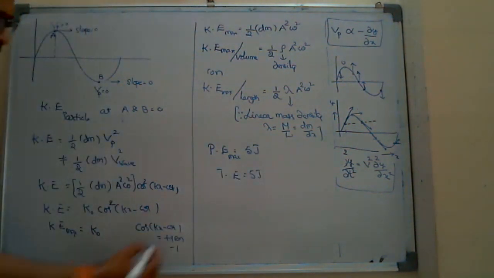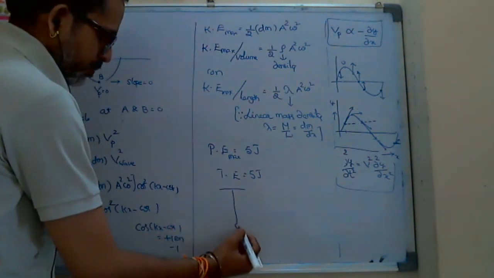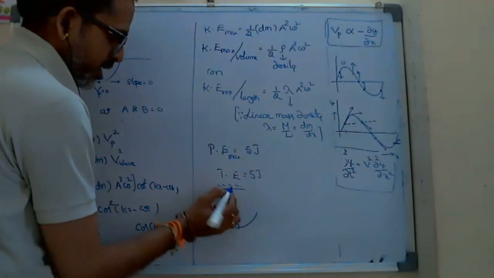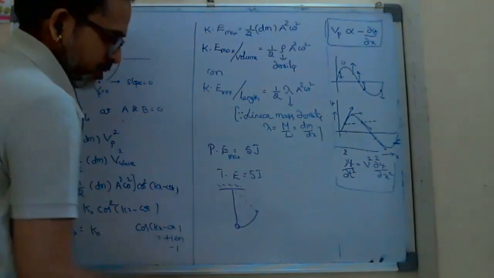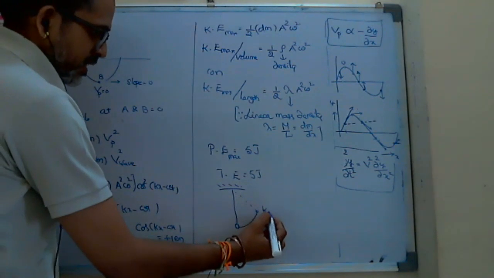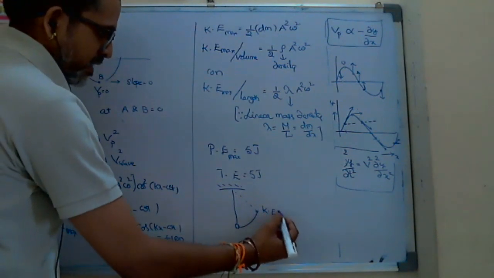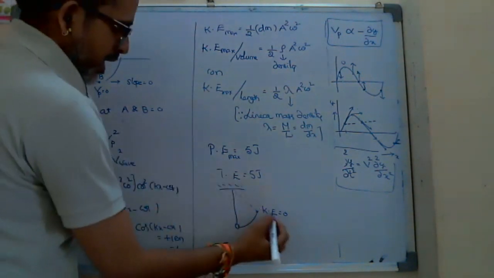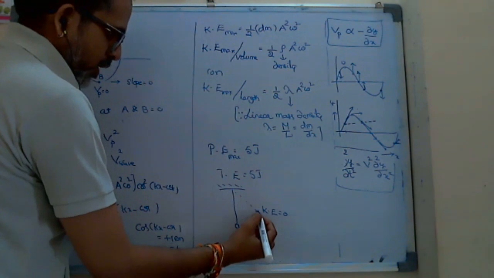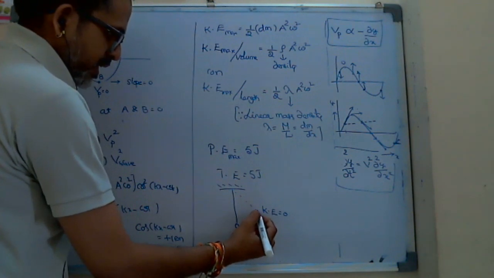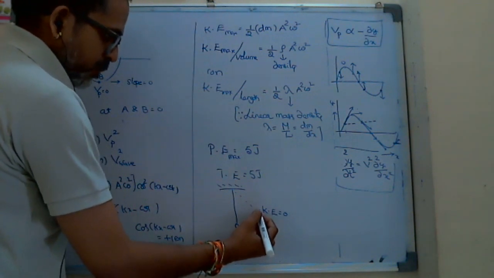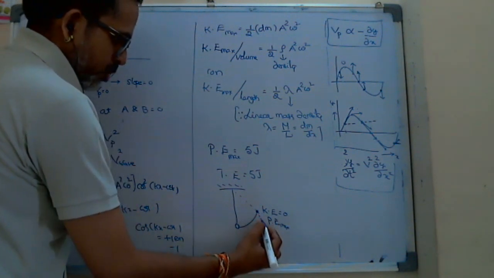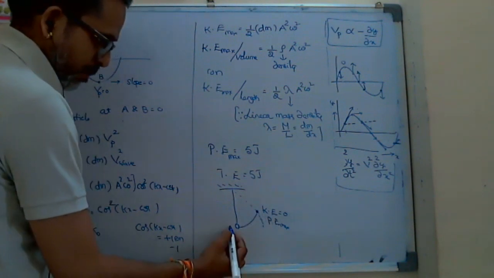Suppose this is one bob suspended from a string, pulled aside, and it comes to the extreme position. Happily we can say here the velocity is 0, so kinetic energy is 0 at the highest point. So whatever energy is possessed here, the mechanical energy is potential energy. That potential energy is maximum at that point, because it is raised to maximum height. Further it tries to come back.